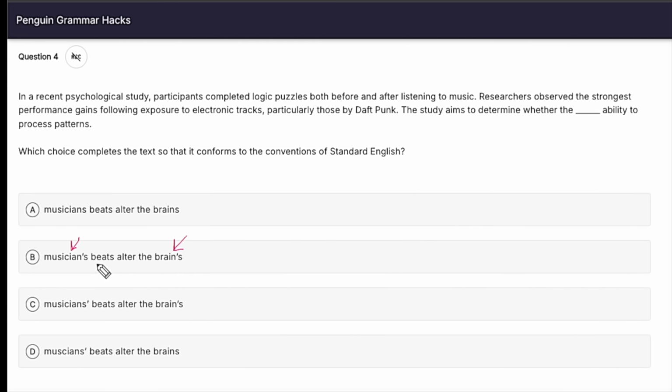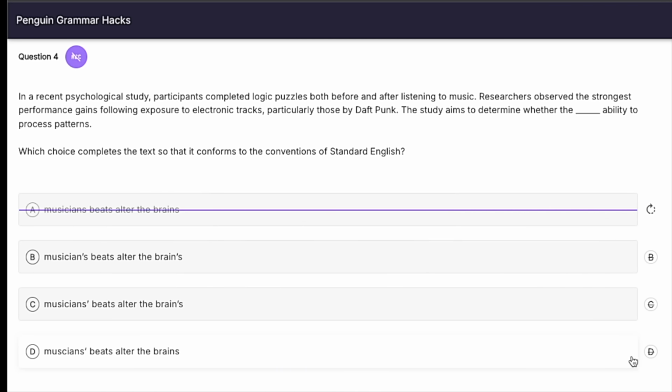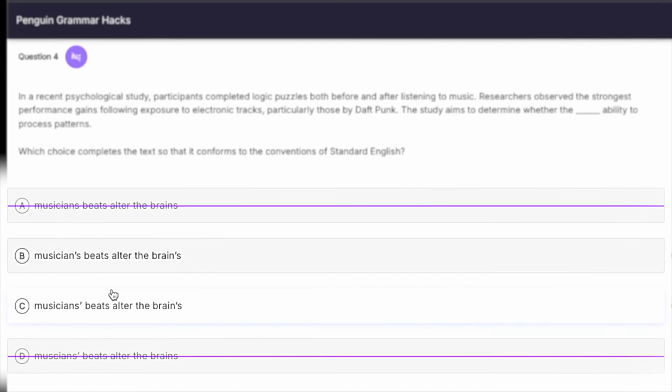So I say the beats of the musicians. That makes sense. We have ability, the ability of the brain. That also makes sense. So these should both be possessive. And we know that for these words, no apostrophe is going to mean no possession, so we can get rid of A and we can get rid of D, and we're left with a couple of options that have apostrophes.